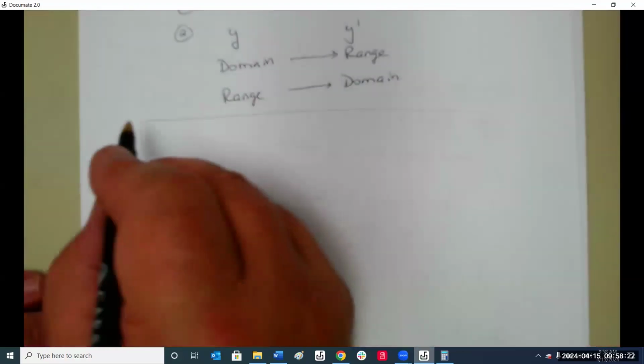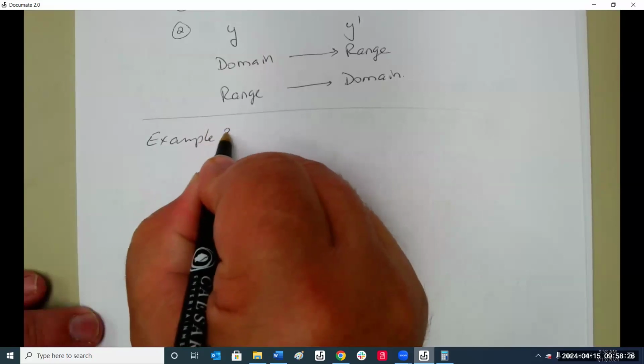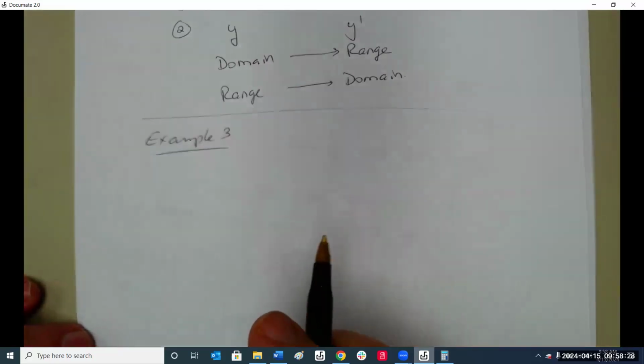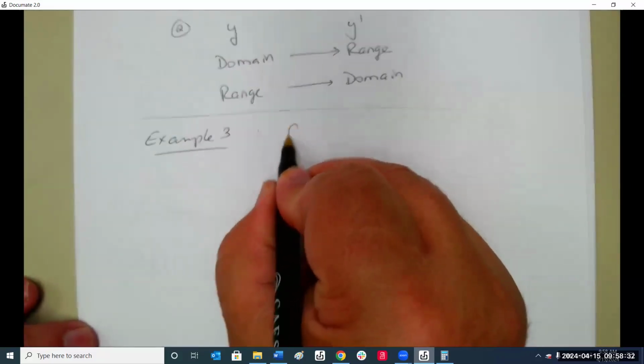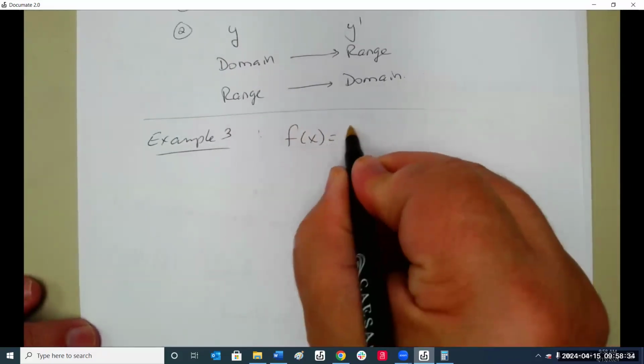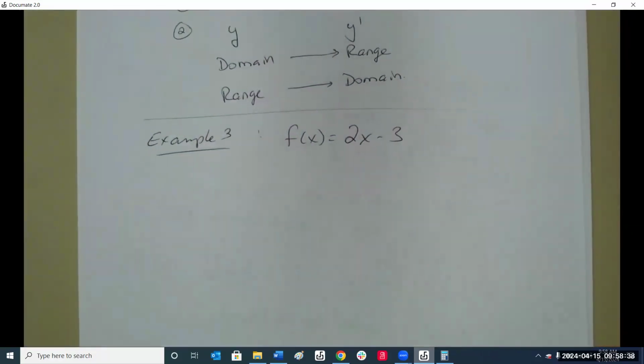Example 3. Given the function f described by f of x equals 2x minus 3, prove that it's 1-to-1.